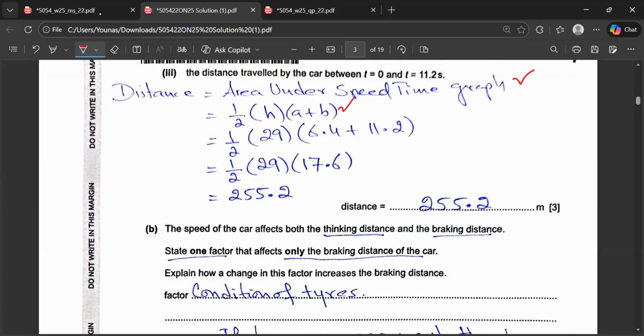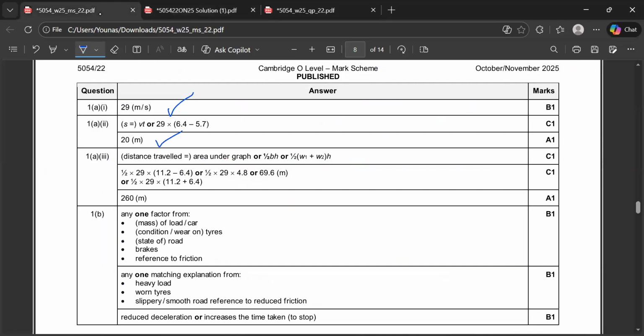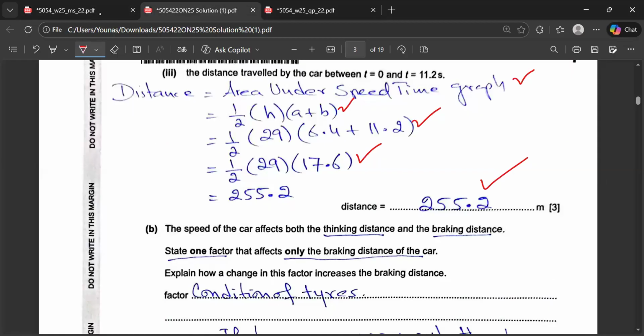So 1 by 2 into 29 into 6.4 plus 11.2, and that 1 by 2 into 29 is 14.5, so you got 255.2. So my answer is 255. They have rounded off to two significant figures, so you can write it like 260 meters.